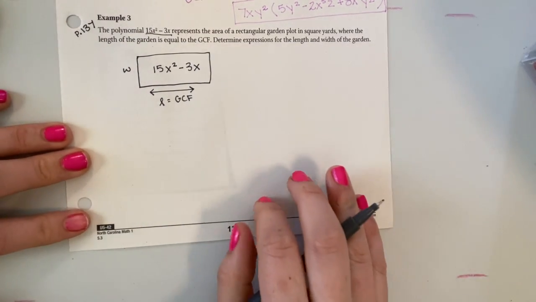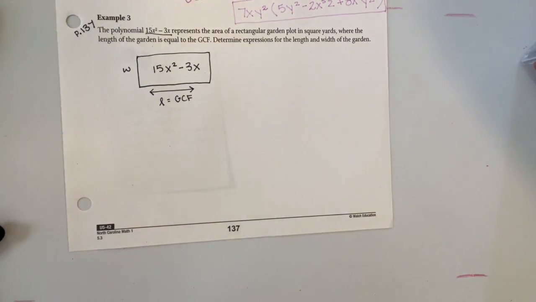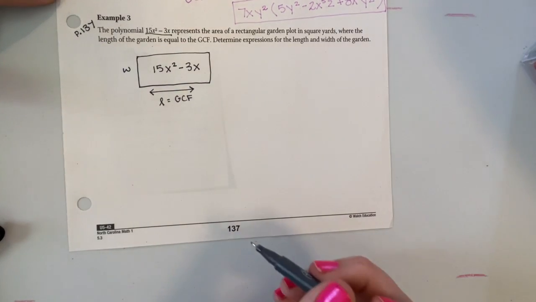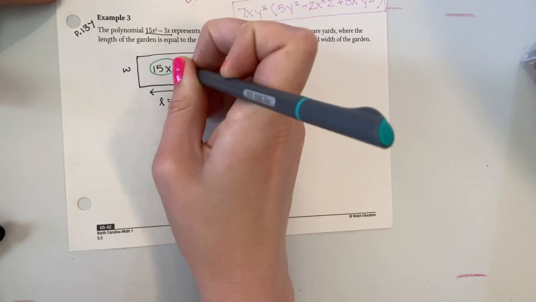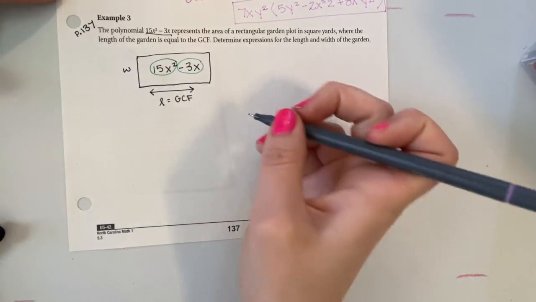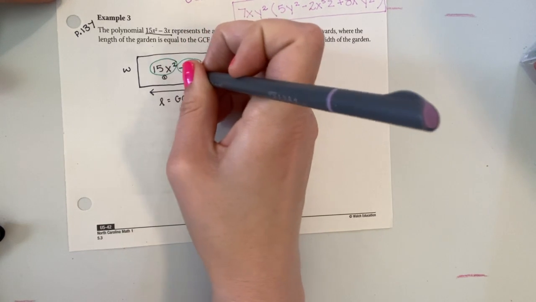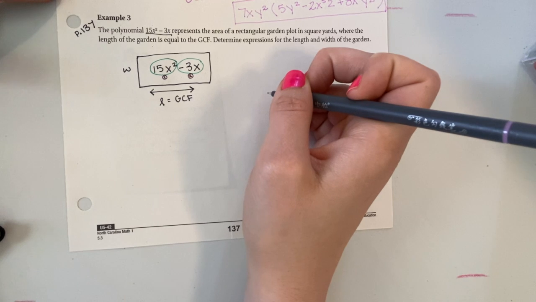So just like I did on the previous problems, my first step is going to be to label each term in the expression. So I've got 15x squared and negative 3x. So I have two terms here, and I'm going to do exactly what I did before.